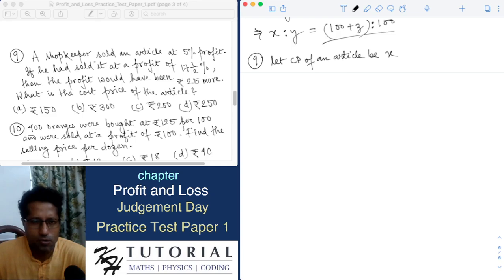Now it says that a shopkeeper sold an article at 5% profit.